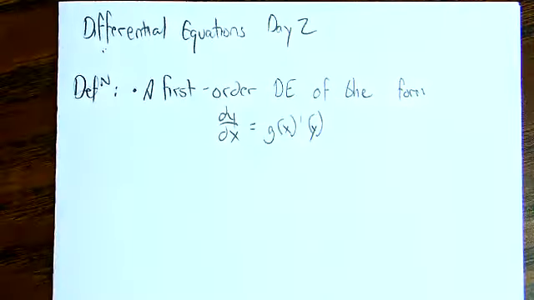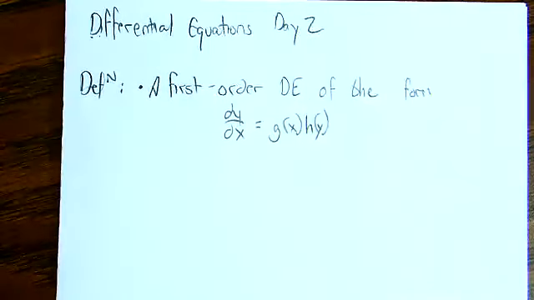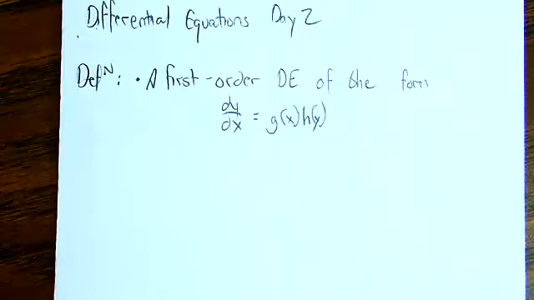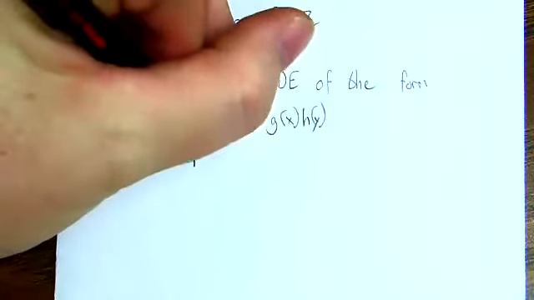Perhaps we don't use f here because f in this context already has a different meaning, the right-hand side entirely. So a first order differential equation of this form, where dy dx is equal to g of x times h of y, is said to be separable.